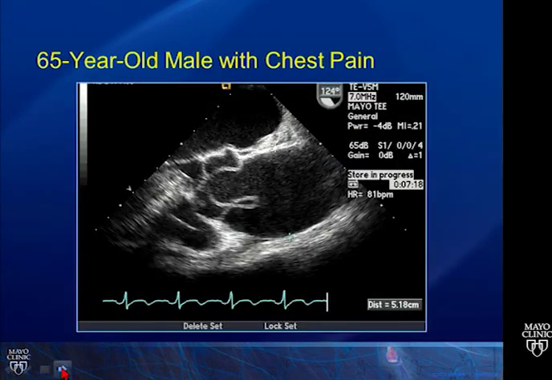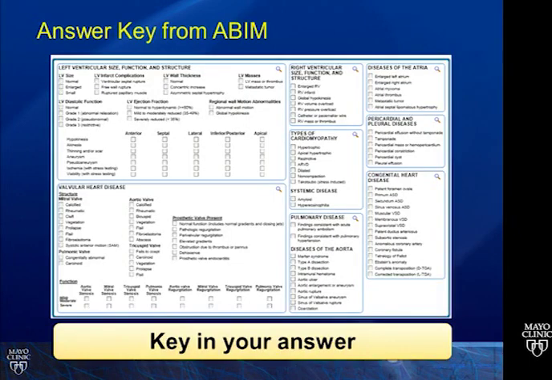And there's a still frame with some cursors, which are a little hard to see. They're measuring a distance here, 5.2 in the ascending part of this picture. You won't have anyone to narrate for you on your boards, I might add. Go ahead and key in your answers, and then we'll go over those images.